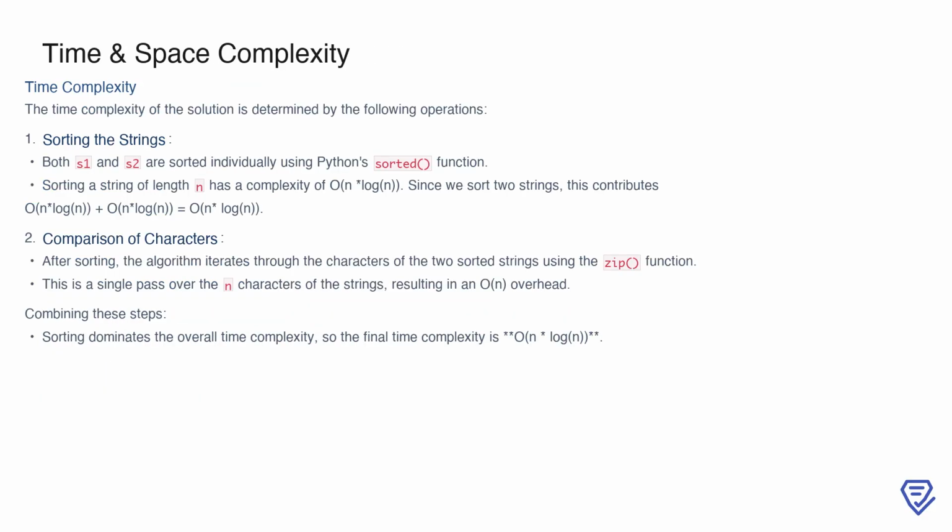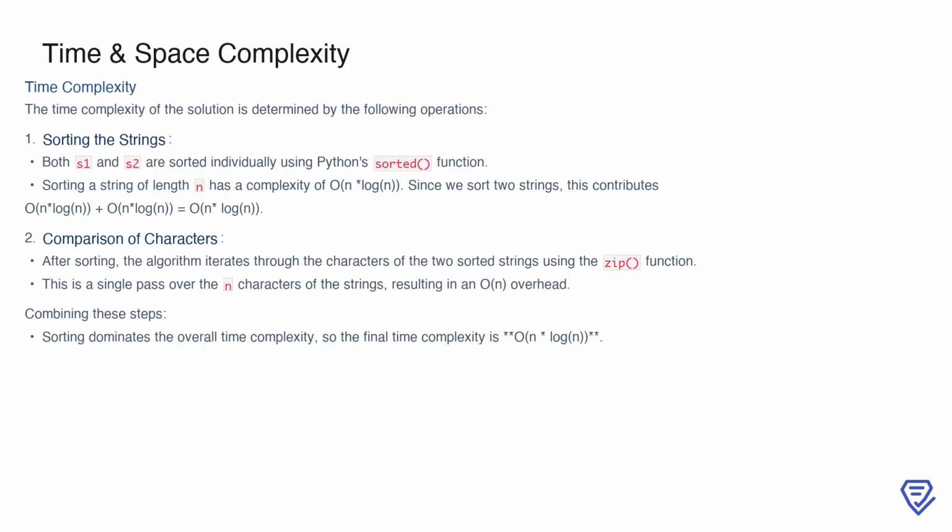When analyzing the time complexity of this solution, we start with the sorting step. Both input strings, s1 and s2, are sorted individually using Python's sorted function. Sorting a string of length n involves a complexity of O(n log n), and since we sort two strings, this step contributes O(n log n) plus O(n log n), which simplifies to O(n log n).